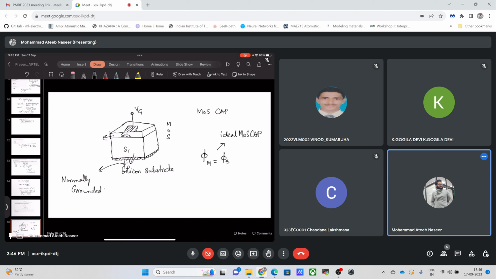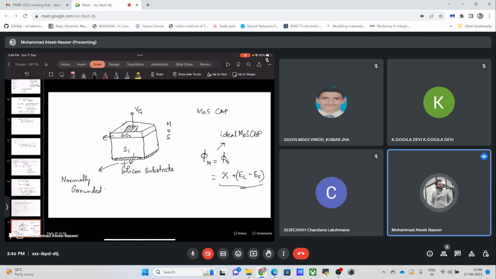It would mean that the semiconductor work function is simply the sum of the electron affinity plus the difference between the conduction band and the Fermi level. So this is the metal work function or the semiconductor work function for the ideal MOS cap structure.